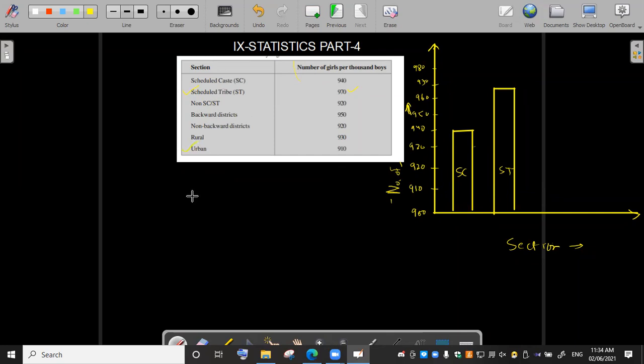That is the conclusion drawn from this graph.